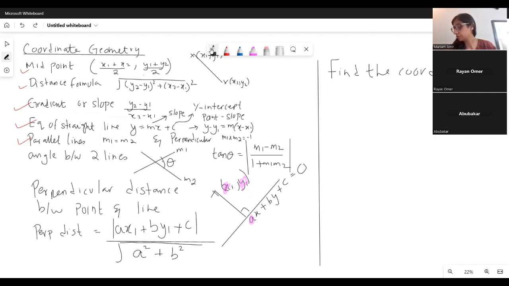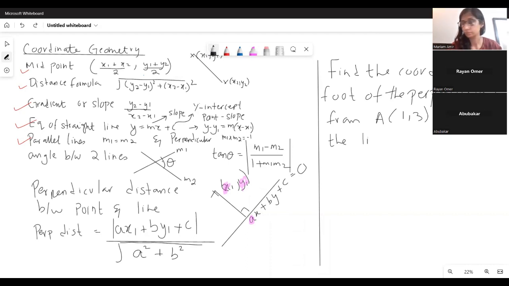Find the coordinates of the foot of the perpendicular from A (1, 3) to the line x plus 2y equals 5.